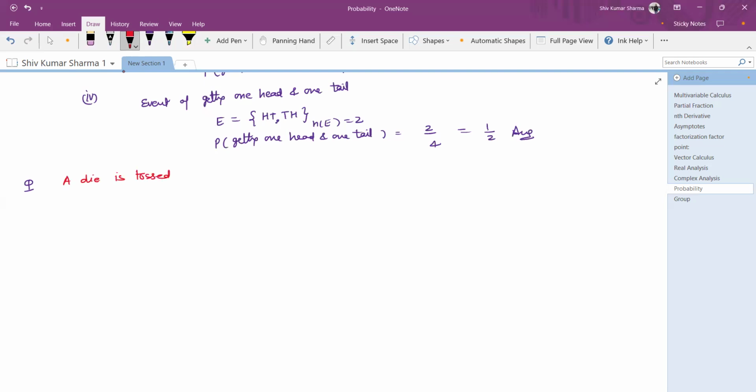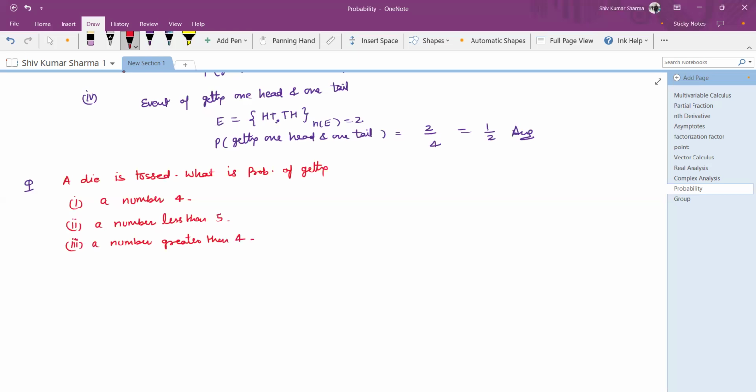What is the probability of getting, in short we write, probability of getting a number 4, second a number less than 5, a number greater than 4, and a number 8.